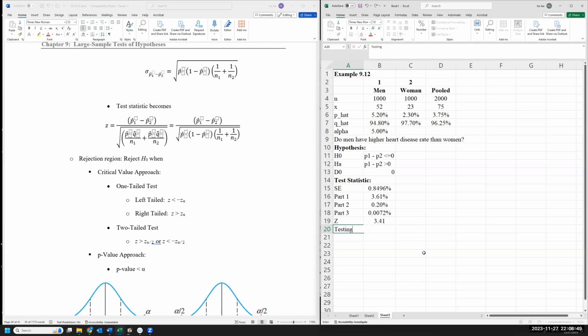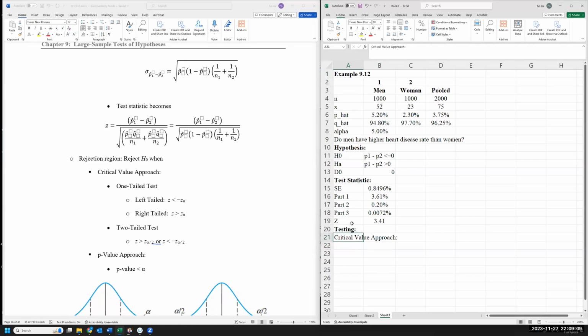Now we're going to do our testing. For our testing, we could do our critical value approach. And this is a one-tailed test, right?